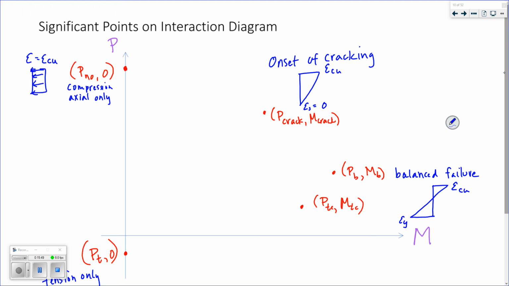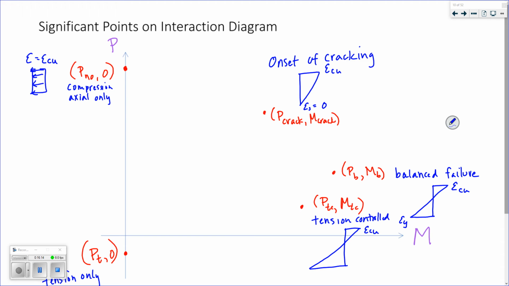This down here is my tension controlled, which means my strain profile, I'm going to exaggerate that a little bit compared to the balanced.